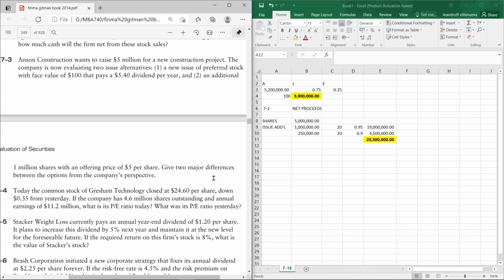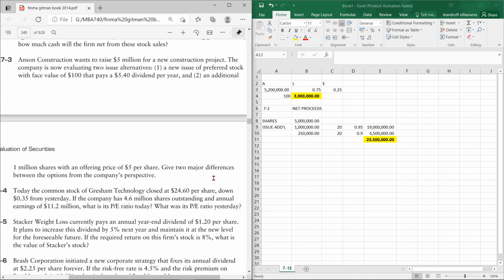If they make a new issue, it's preferred stock. The additional shares, what will happen? Offering price of $5. The preferred stock has a face value of 100, okay? With a $40 dividend per year.